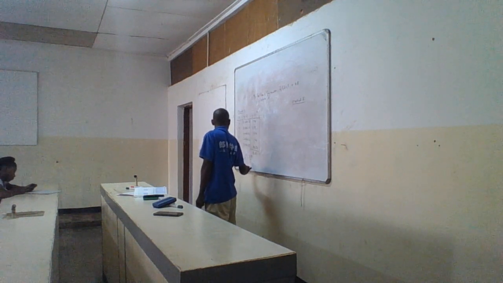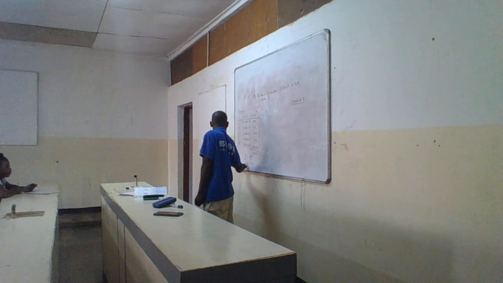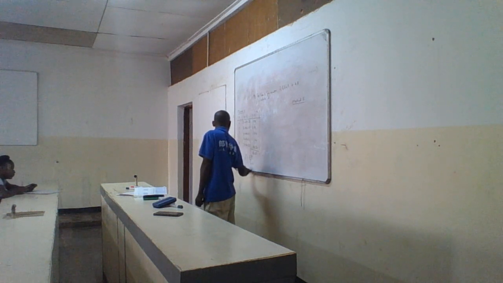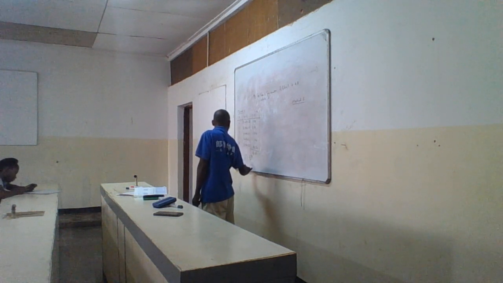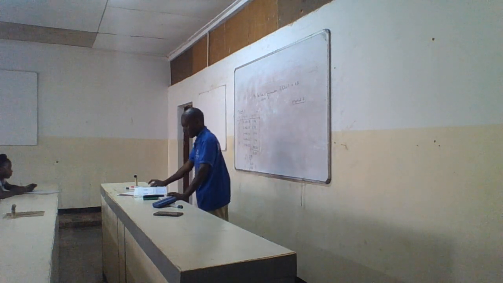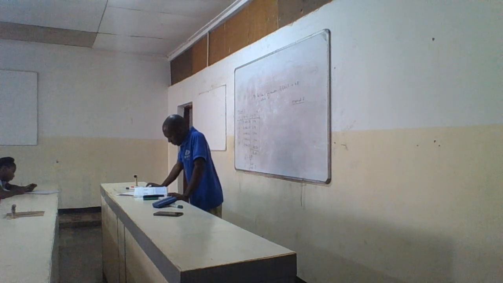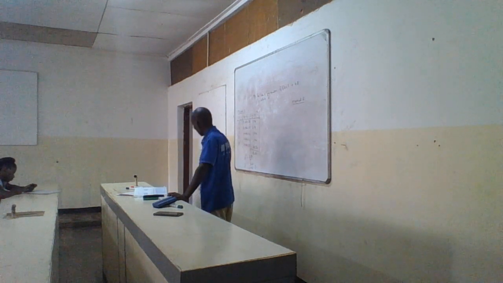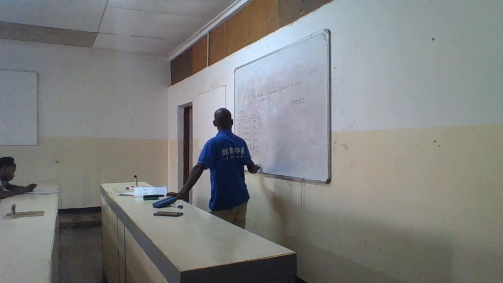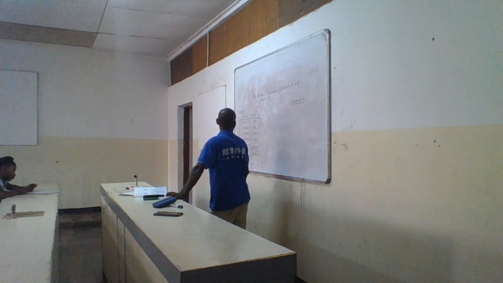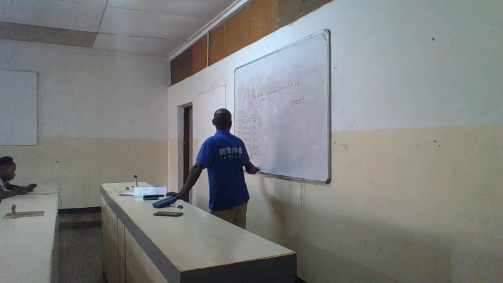Therefore, for your standard deviation, you are finding the square root of that. The square root of 4.56 gives you 2.14.